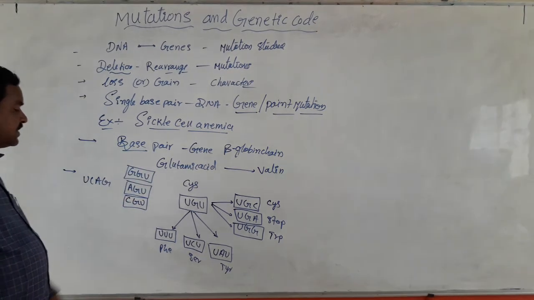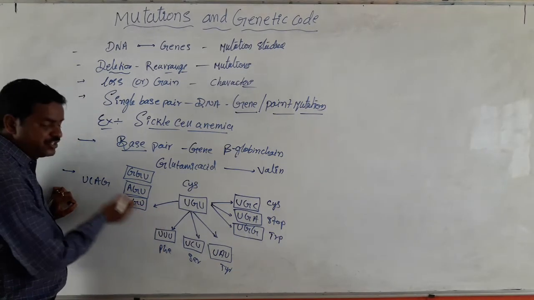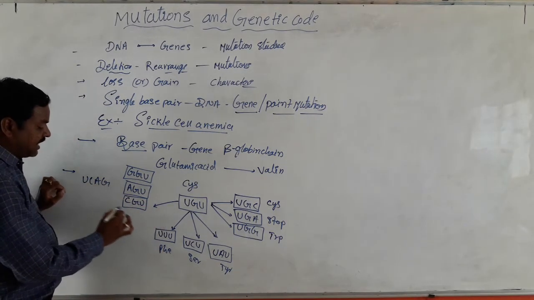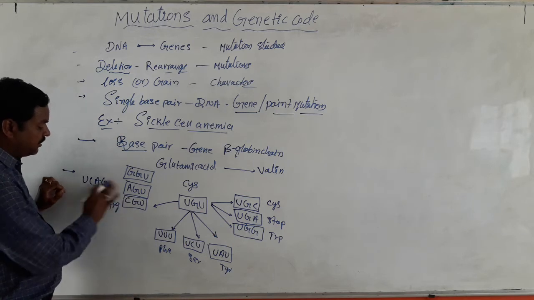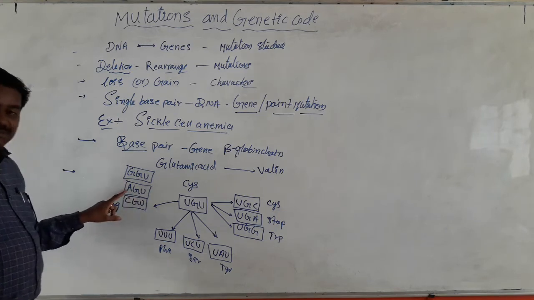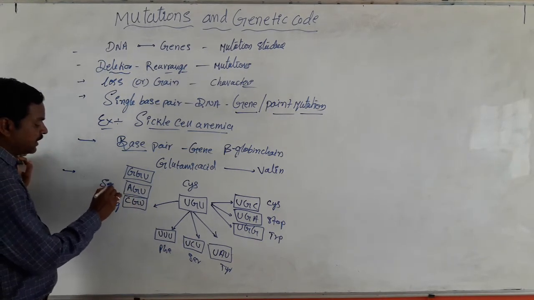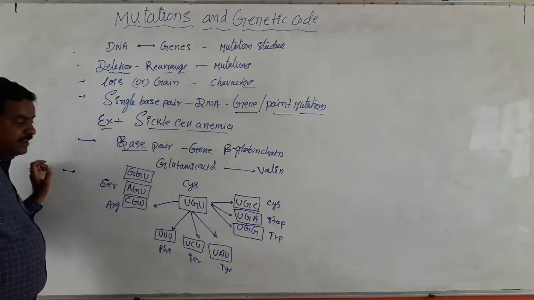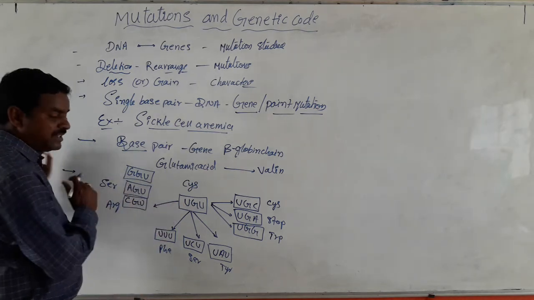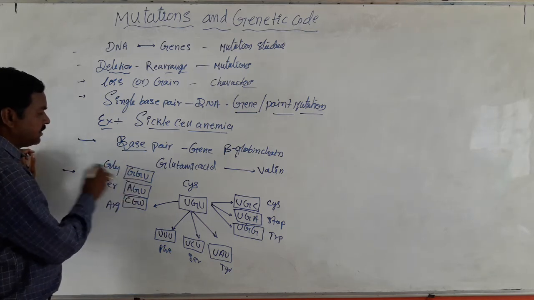When this first letter is replaced by C, it leads to the formation of CGU. It recognizes the amino acid arginine. When this first letter is replaced by A, leading to the formation of AGU, it recognizes serine. When this first letter U is replaced by G, leading to the formation of GGU, it recognizes glycine.